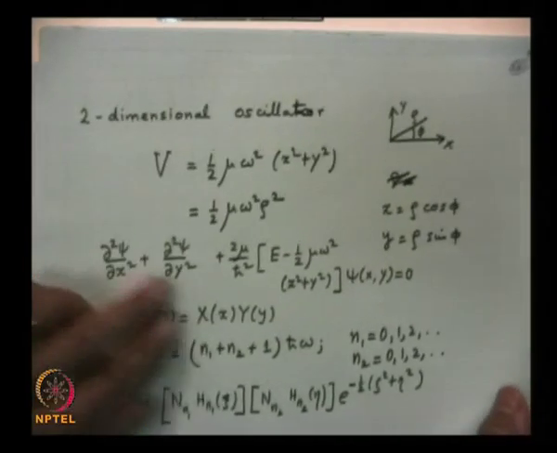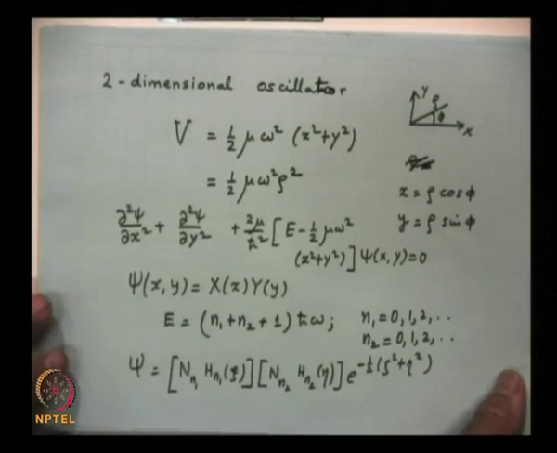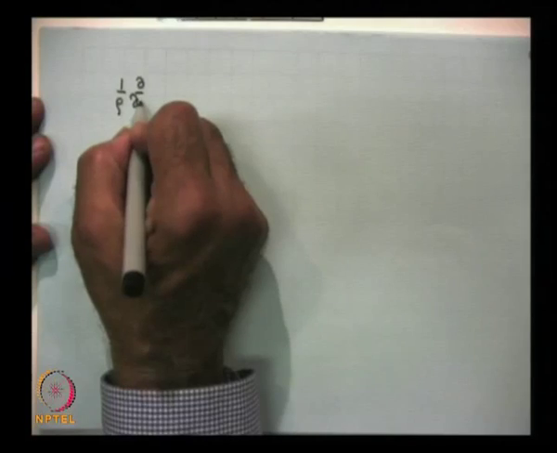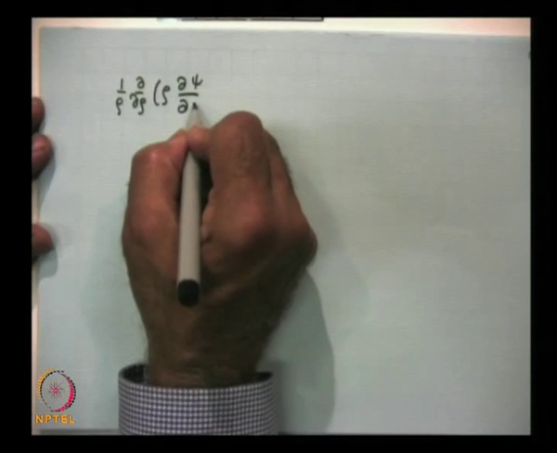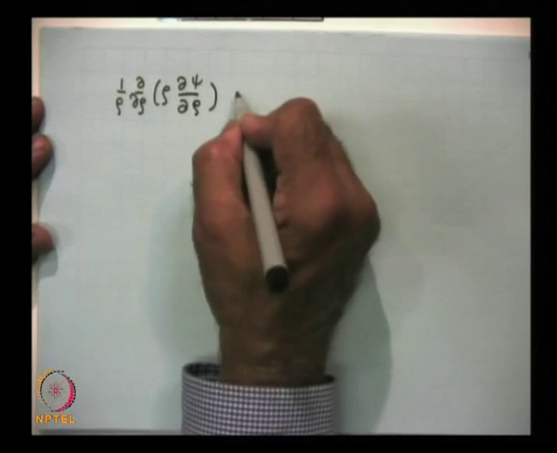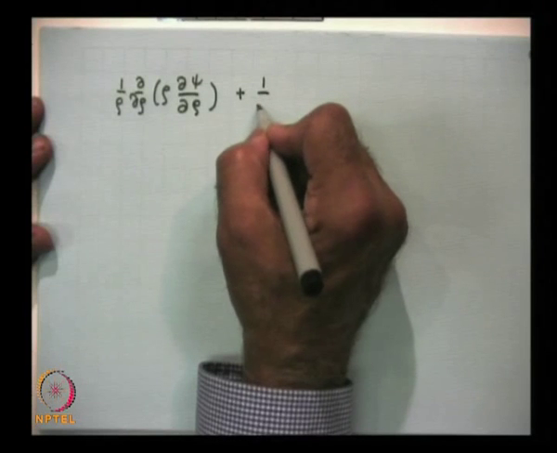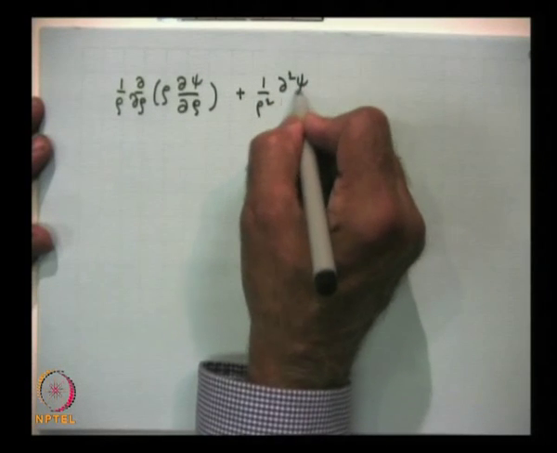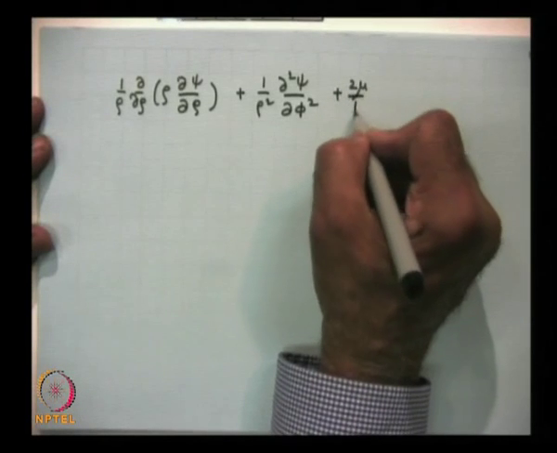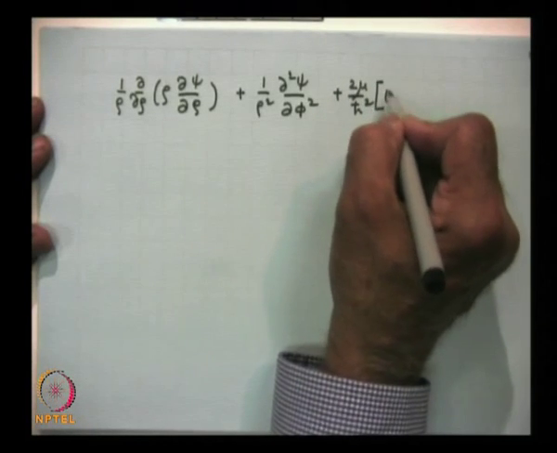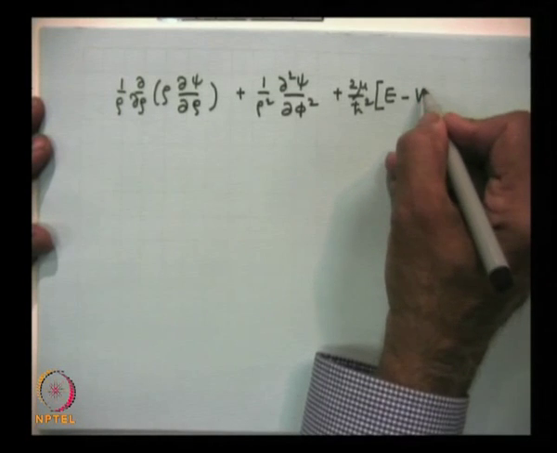But since I can also use the cylindrical coordinates, we will obtain 1 over rho delta by delta rho of rho delta psi by delta rho plus 1 over rho square delta 2 psi by delta phi square plus 2 mu by h cross square times E minus V of rho, psi of rho phi.